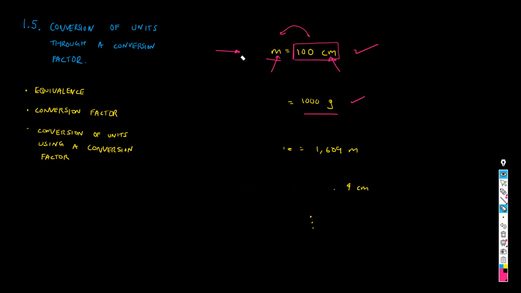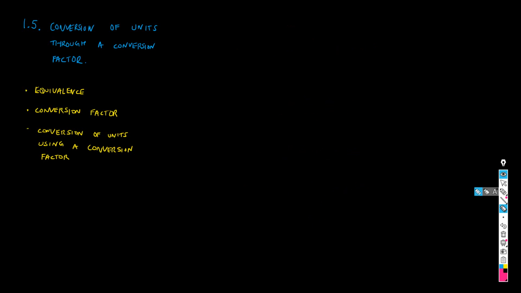Okay, next concept, the concept of conversion factor. What is a conversion factor? A conversion factor is the following. Once you write down an equivalence, which I'm going to do right now, let me write down this one: 1 inch equals 2.54 centimeters. So this is an equivalence. With an equivalence, guys, you can write down two fractions.